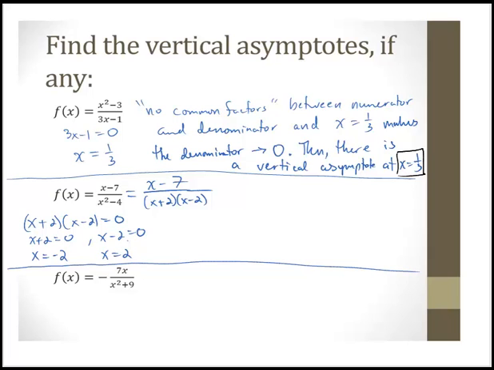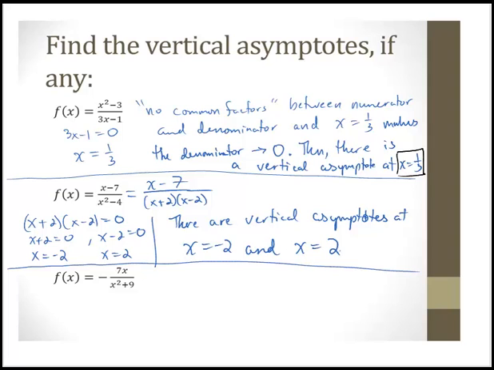I can't remove either of those factors with the numerator, so I expect that there are vertical asymptotes at x equals negative 2 and x equals positive 2. And we can have more than one vertical asymptote in the graph of a rational function.